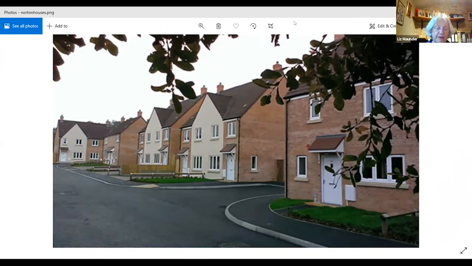So we decided that partnering with a housing association was the way to go for that reason, and also because we didn't want to take the financial risks or the risks of dealing directly with the developers. But there are, as has already been said, lots of other ways of doing it.